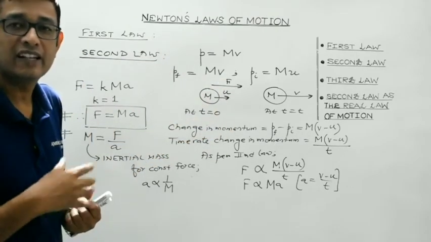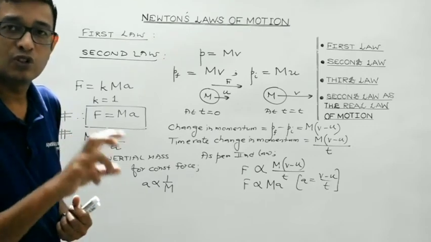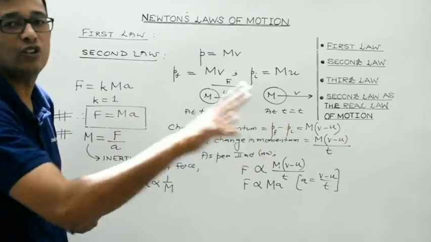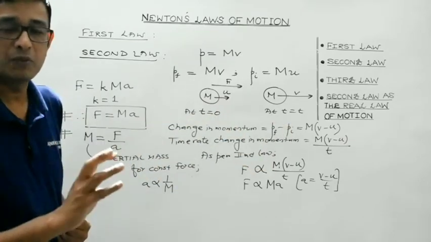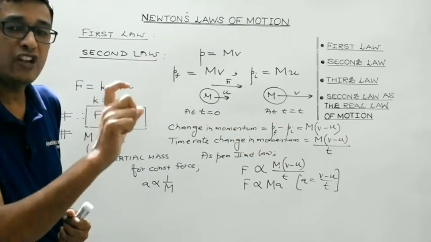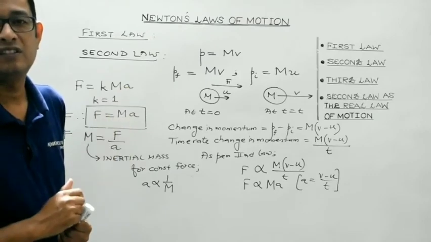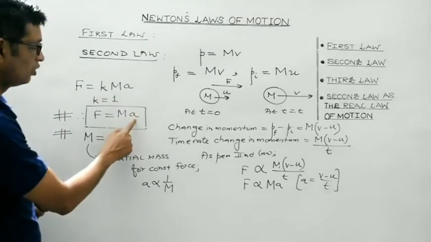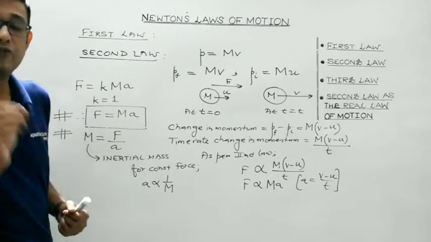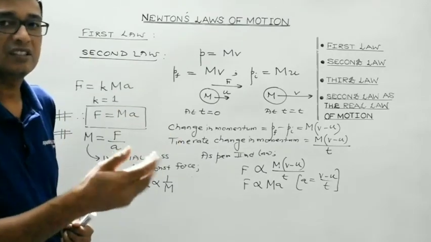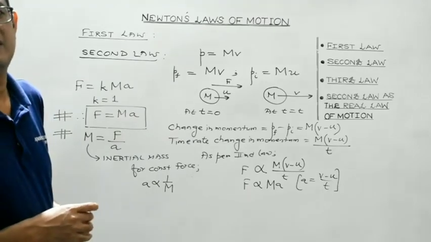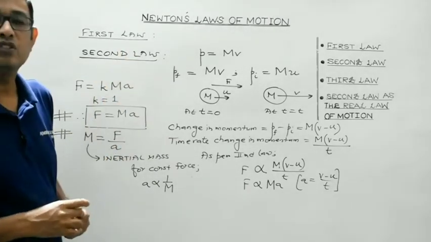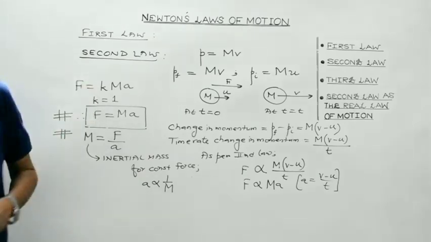So Newton's second law can also be used to determine the force acting on a body by knowing the mass of the body and noting the change in velocity per unit time, which is the acceleration. If acceleration is known and mass is known, then the force acting on the body can easily be determined. Right, students? So these are the consequences of Newton's second law of motion.